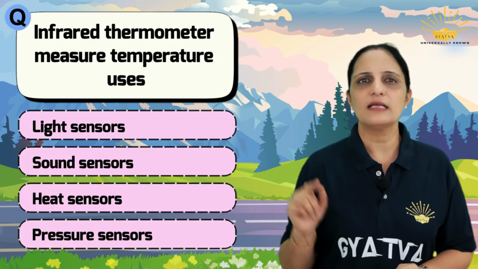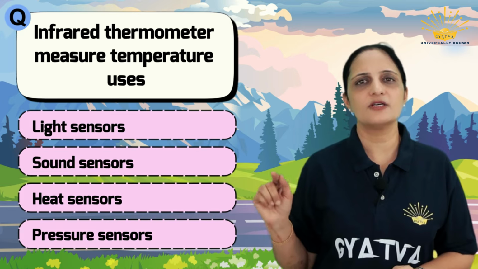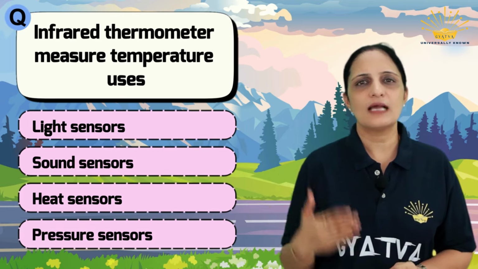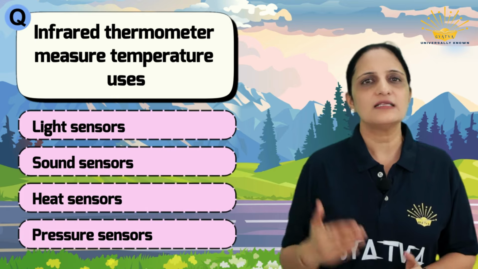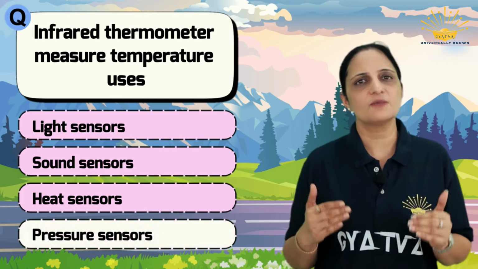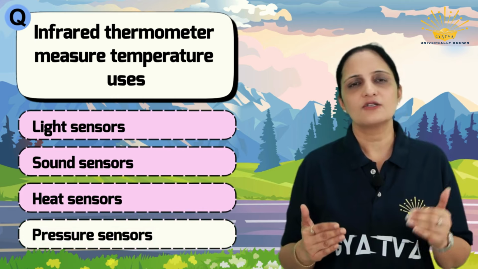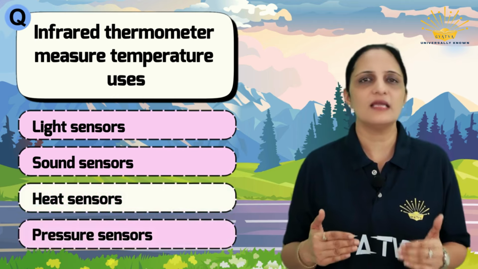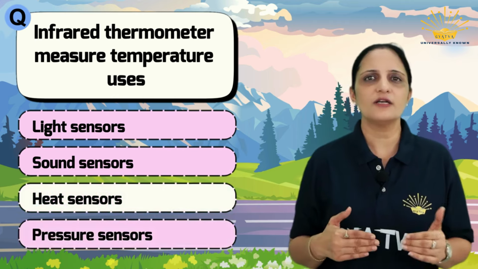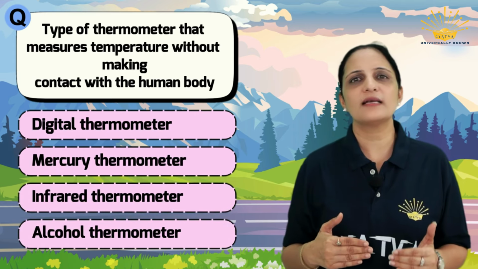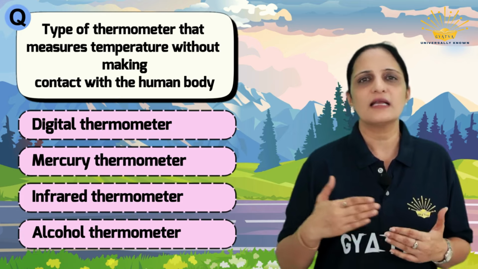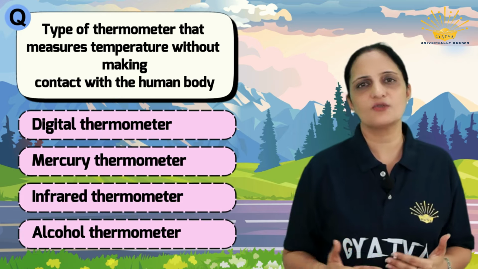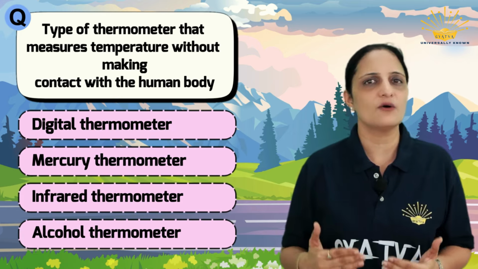Question number 21. Infrared thermometer measures temperature using light sensors, sound sensors, heat sensors or pressure sensors. See, infrared is responsible for the heating effect also. So the correct option would be C, heat sensor. Question number 22. The type of thermometer that measures temperature without making contact with the human body, that is, it measures temperature from a distance, which was used during COVID-19 also.